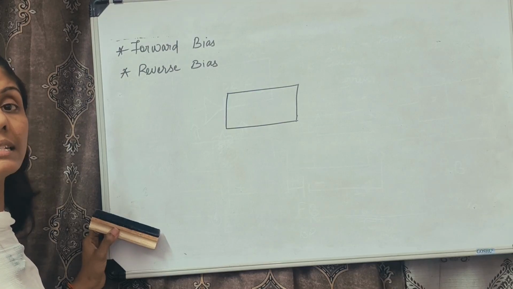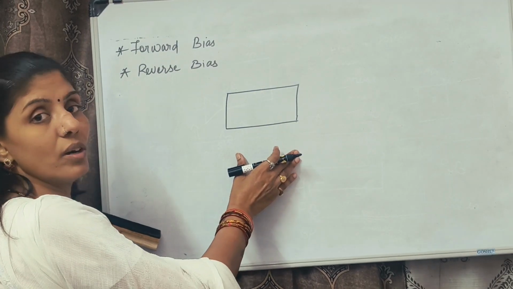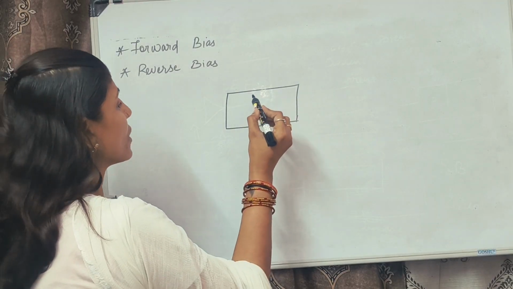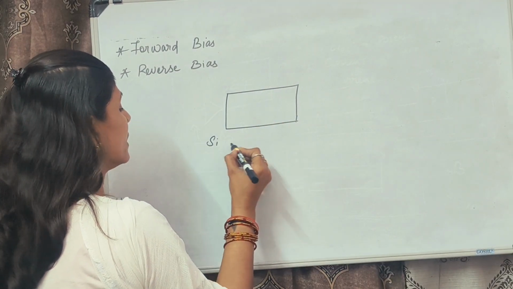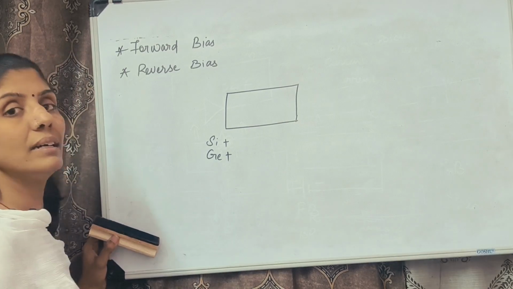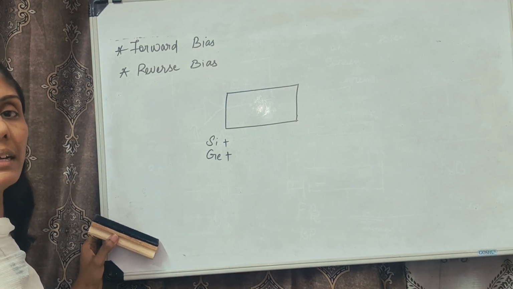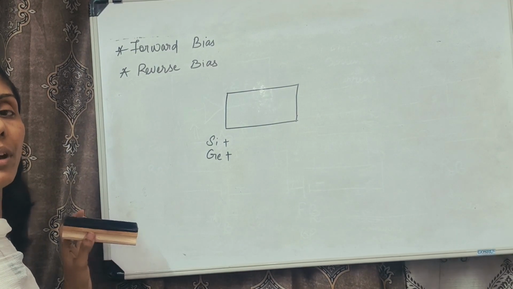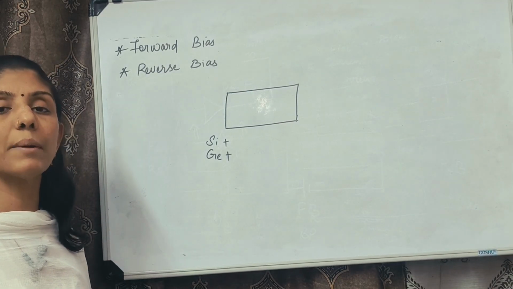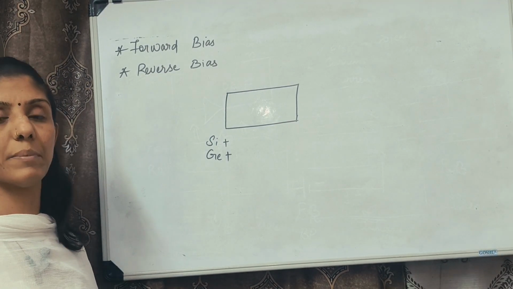Consider this is silicon. It may be silicon, otherwise it may be germanium. To this silicon or germanium, I am going to add impurities to design it as a p-type semiconductor, otherwise as an n-type semiconductor.